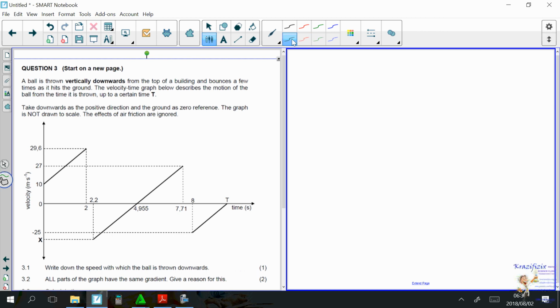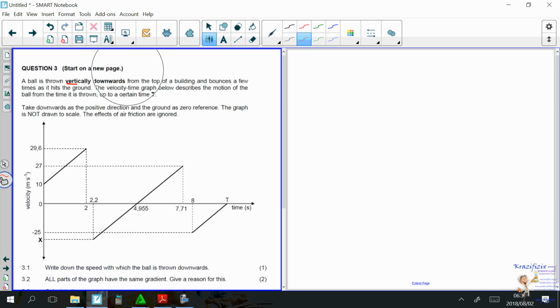Question number 3, vertical. All right, here we're going to do a whole lot of explanation. A ball is thrown vertically downwards from the top of a building. It is thrown, so there's an initial velocity. Here again is a straight line graph. We're going to use our y equals mx plus c. It bounces a few times as it hits the ground, and you can see the graph.